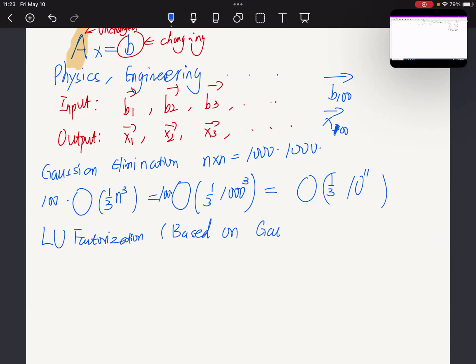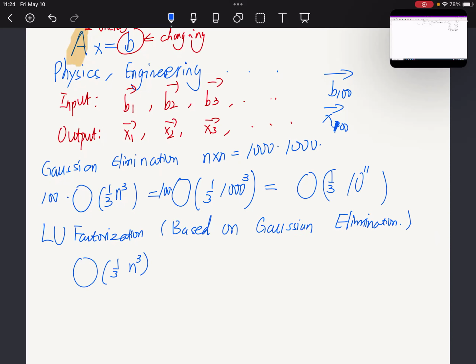The computational cost of the LU factorization is just around 1/3 n cubed, and you don't need to do it 100 times.